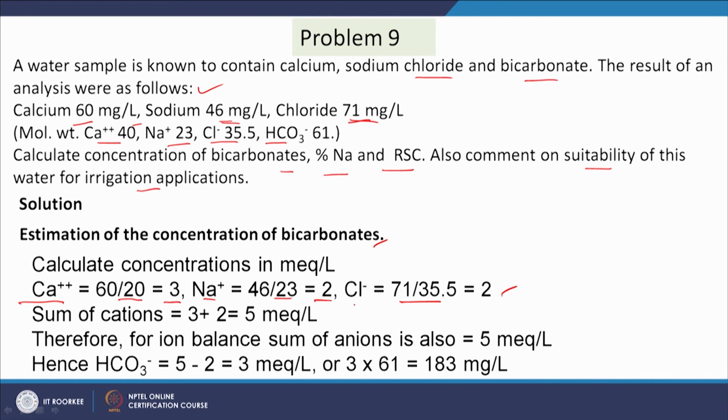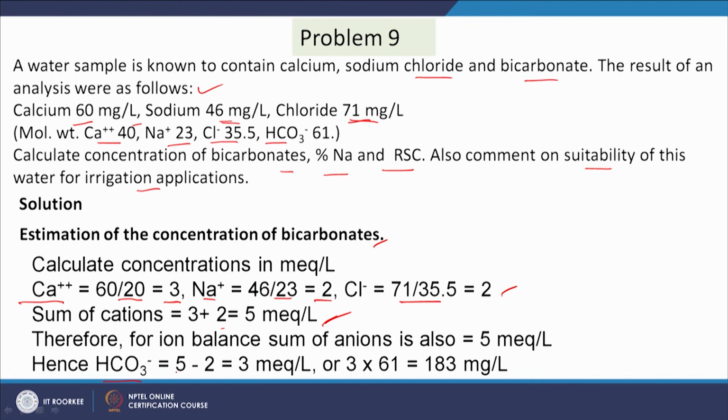The sum of cations is 3 plus 2, that is 5 milliequivalent per liter, and if we assume there is no error in the ion balance, then the sum of the anions will also be 5 milliequivalent per liter. So, in that case the bicarbonate concentration will be the total anion concentration minus the concentration of chloride.